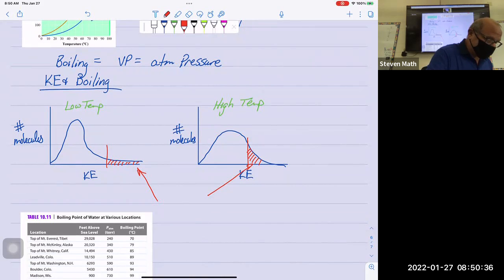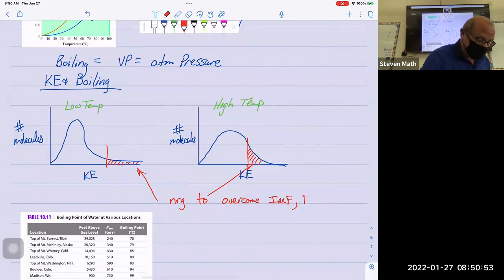So that line, that kinetic energy line, these are molecules with energy needed to overcome their intermolecular force. And once they overcome their intermolecular force, that's going to increase the vapor pressure. And what's the end result of increasing the vapor pressure?